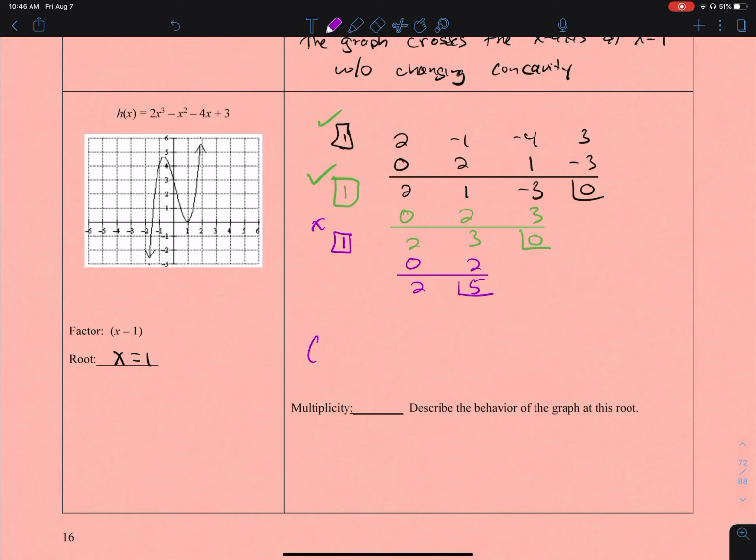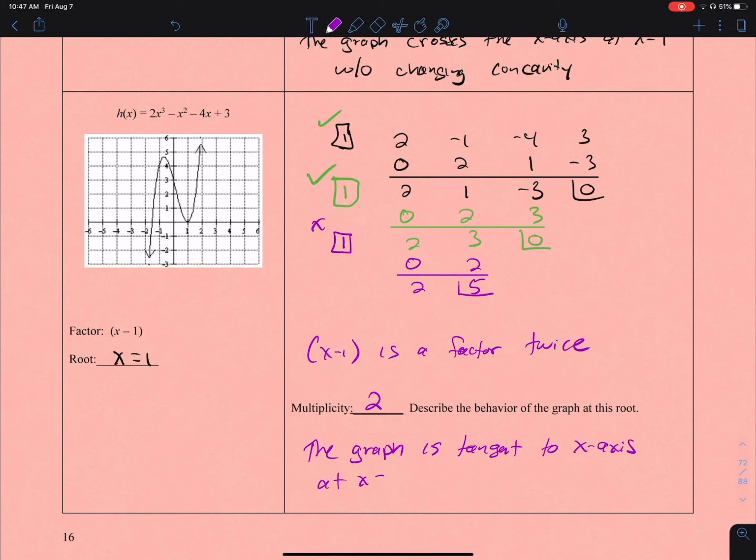So I would want to say x minus 1 is a factor twice. The multiplicity, therefore, is 2. Describing the behavior of the graph at this root, the graph is tangent to the x-axis at x equals 1 without changing concavity.